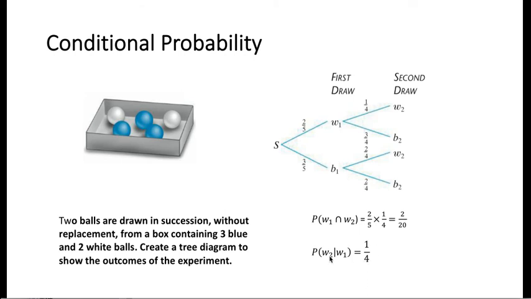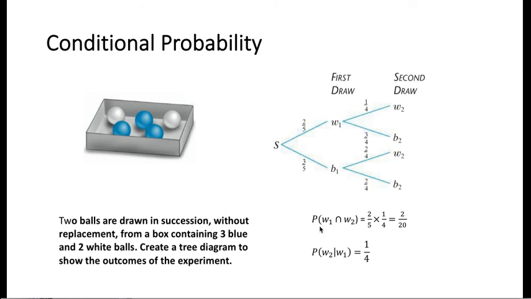I've written that down here. Do you see that those conditional probabilities are actually written right in this tree diagram? For example, the probability of the second ball being blue, given that the first ball was blue, would be 1/2, or this number 2/4.